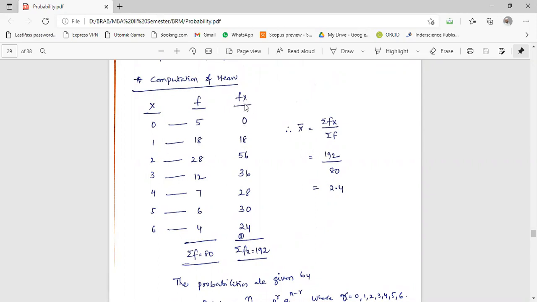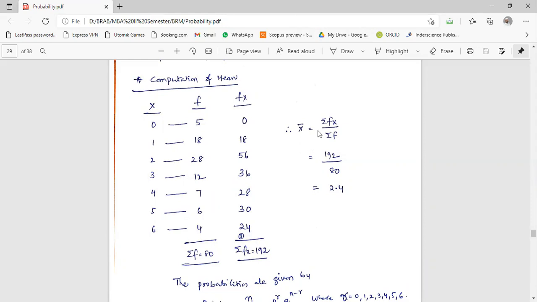Because it is fx. Next, 2 into 28, 56. 3 into 12, 36. 4 into 7, 28. 5 into 6, 30. 6 into 4, 24. So the total sigma fx is 192 and sigma f is 80.